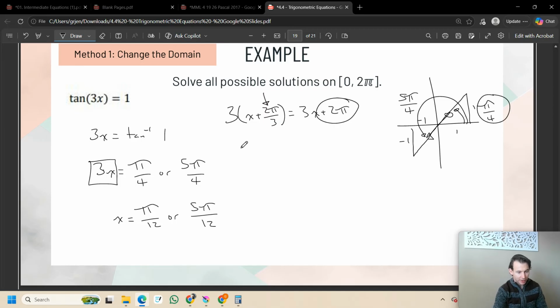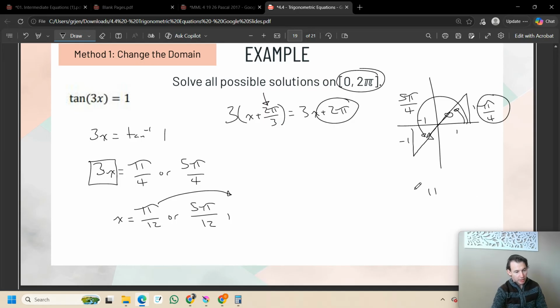Right? So I can add 2 pi on 3 to all of my solutions. So let's go. And I can do this, I can get 6 more solutions because I am tripling the number of solutions. So this one plus 2 pi on 3 gives me, well, we're adding 8, so we're 9 pi on 12.